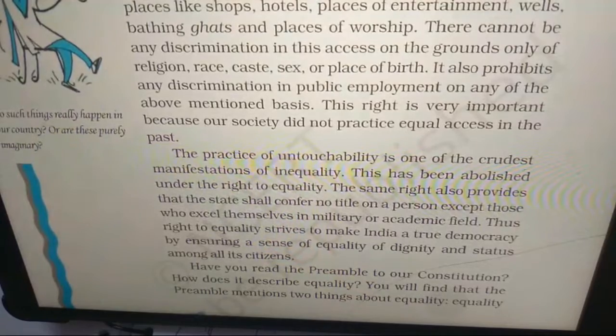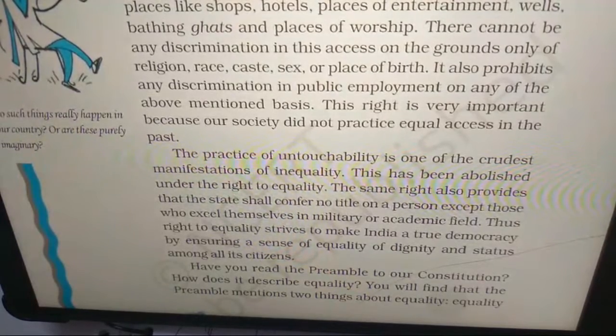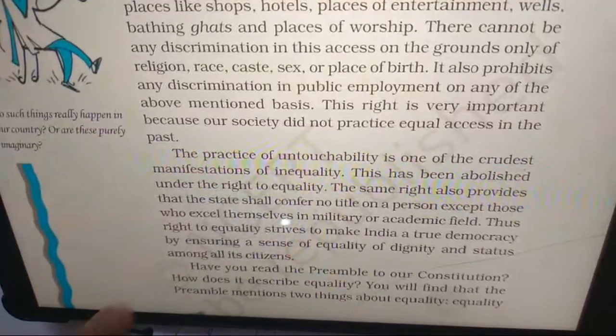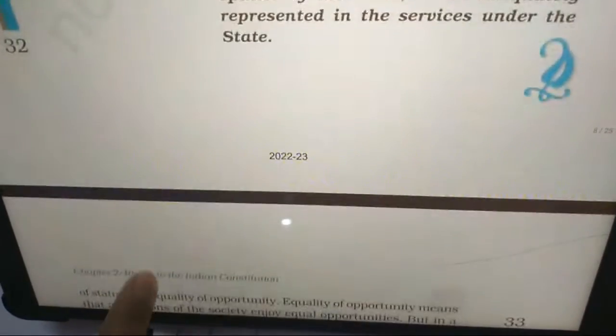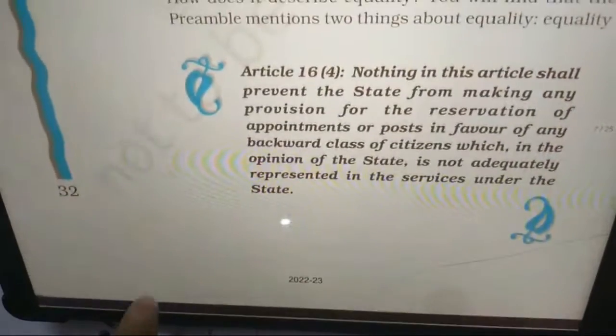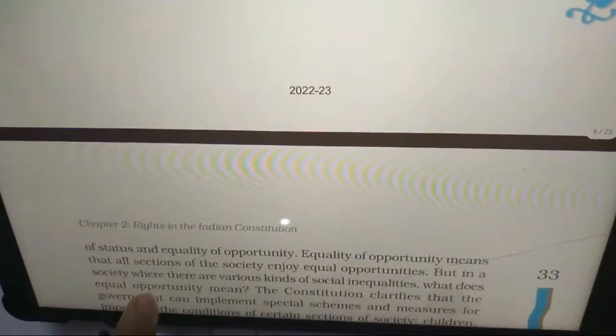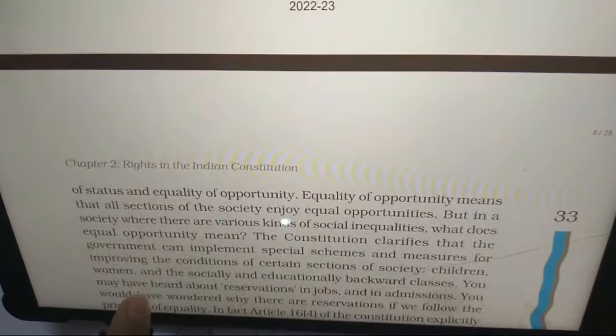Have you read the preamble to our constitution? How does it describe equality? You will find that the preamble mentions two things about equality: equality of status and equality of opportunity.